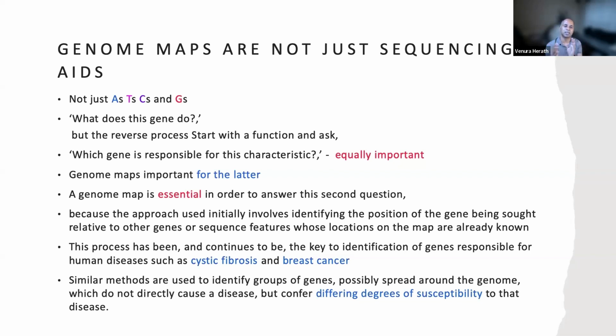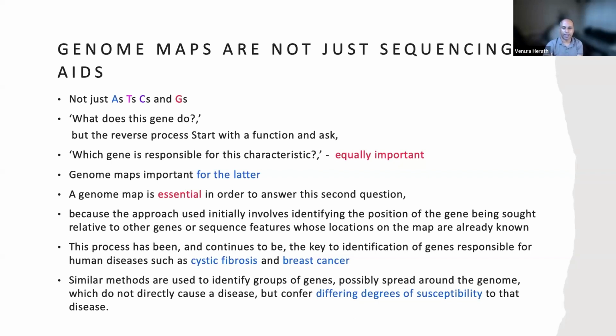If you read papers on most cancers, you will see one saying, we identified 13 possible loci associated with prostate cancer. That means they are not directly involved, but a mutation or change can lead to susceptibility. Some people are very susceptible to a disease and some are not, and that difference is governed by the various loci or genes involved.